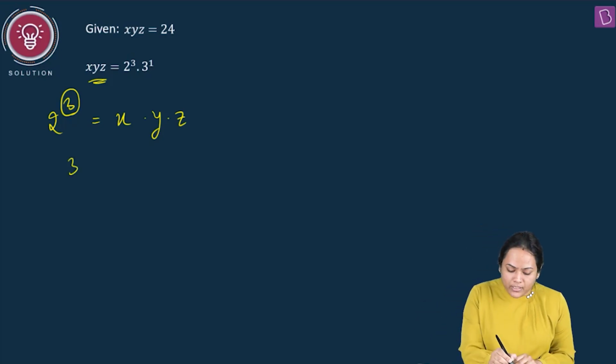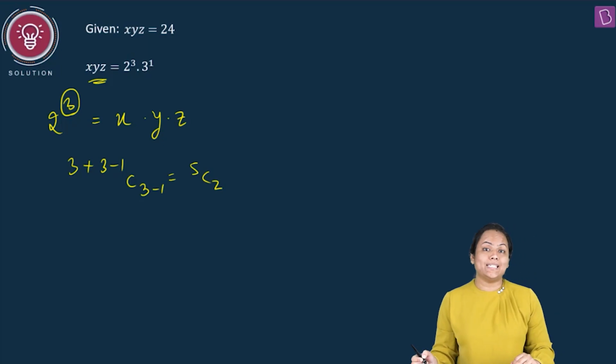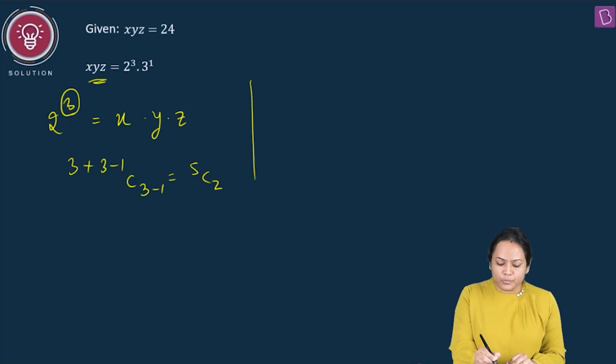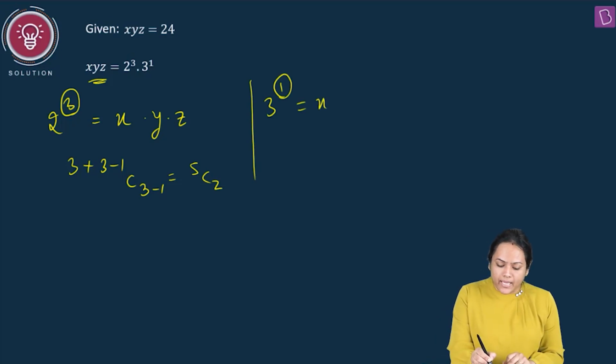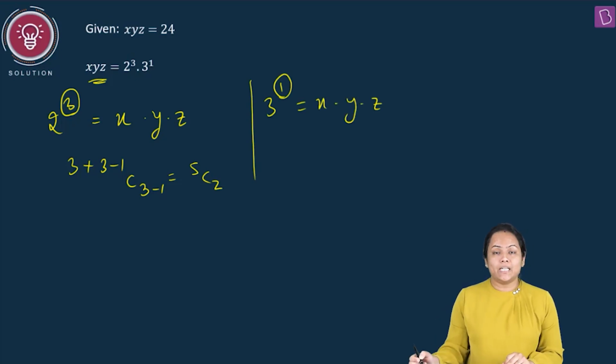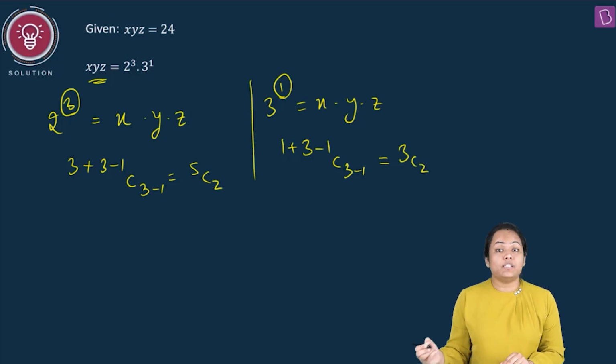That is going to be (3 plus 3 minus 1) C (3 minus 1), or 5C2 ways. Similarly, if I have to distribute 3 raised to 1, that means this 1, among again 3 numbers x, y and z, I have to again apply the beggars method, and the value will be (1 plus 3 minus 1) C (3 minus 1), that is nothing but 3C2 ways.